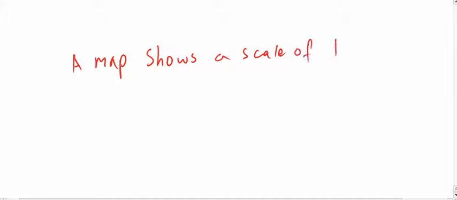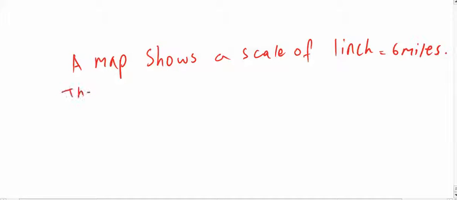So let x represent the actual distance, and then write and solve a proportion. So let's just make up a problem right now. So a map shows a scale of 1 inch, which equals 6 miles.